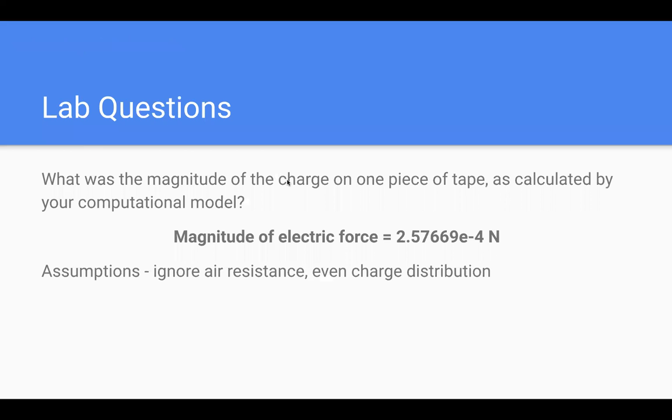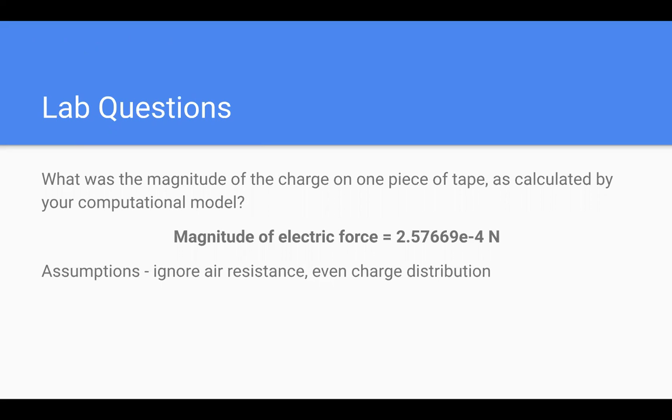Some of the questions were, what was the magnitude of the charge on one piece of tape as calculated in your computational model? I calculated it to be 2.57 times 10 to the negative 4 newtons. With this lab, some assumptions I had were that we're ignoring air resistance as well as the interactions between the pieces of charge.